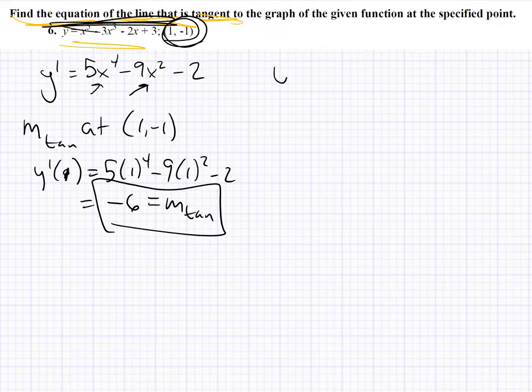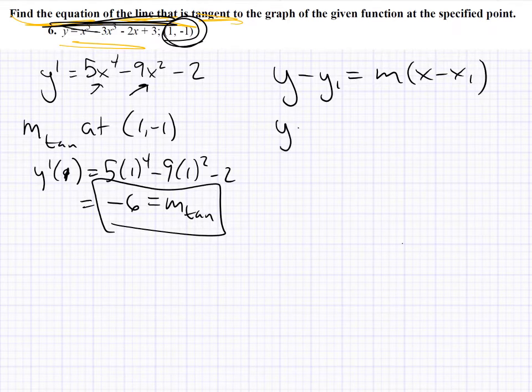So the next thing we're going to do is use y minus y1 equals m times x minus x1. And we're going to go y minus negative 1 equals negative 6 times x minus positive 1. We're just using the point and the slope here for the equation.